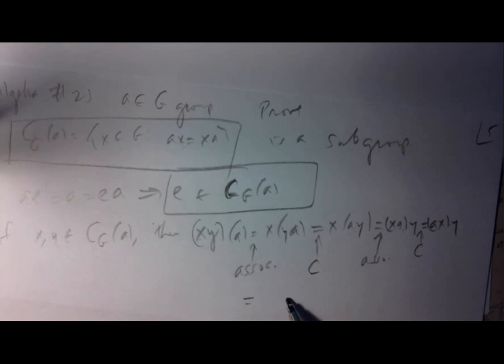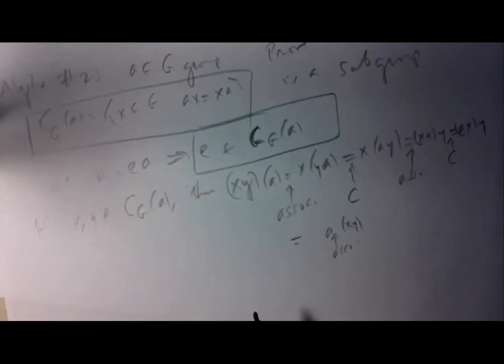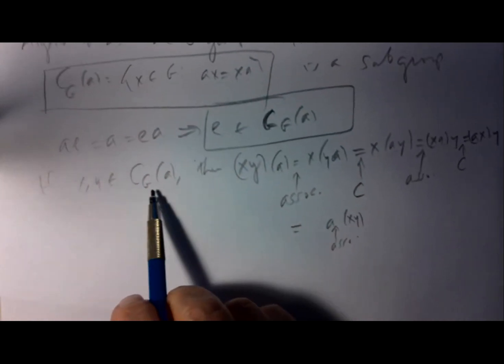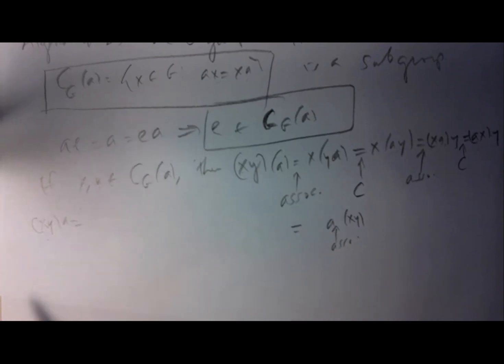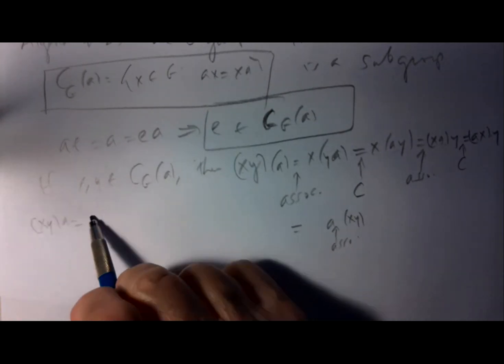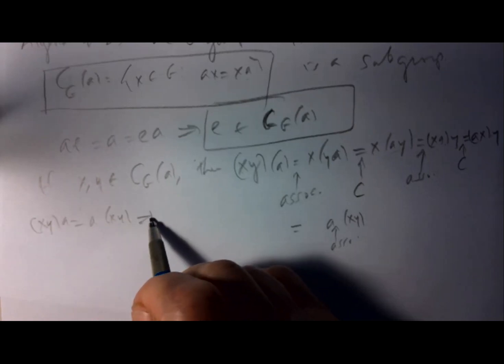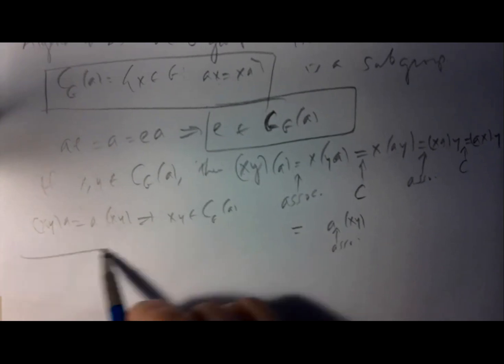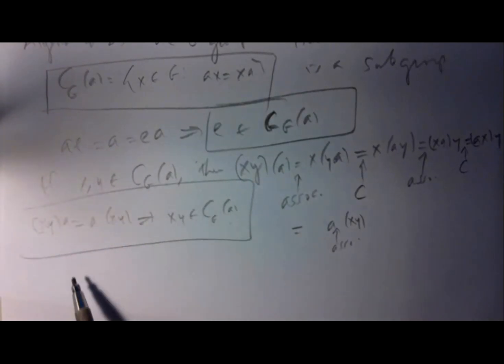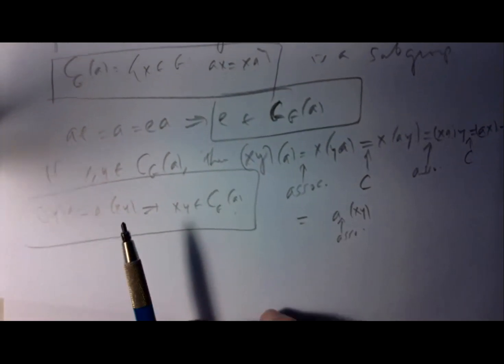So this is A times XY by associativity. So if X and Y are two elements in the centralizer, XY times A equals A times XY. So XY is also in the centralizer. So the centralizer is closed under multiplication.